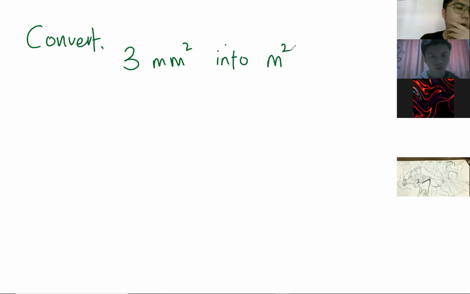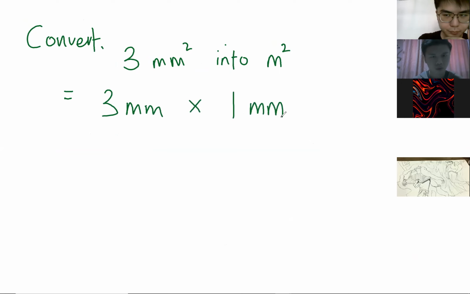Okay, 3mm square into m square. Break down this one. 3mm square means 3mm times 1mm. Now convert 3mm to meter.